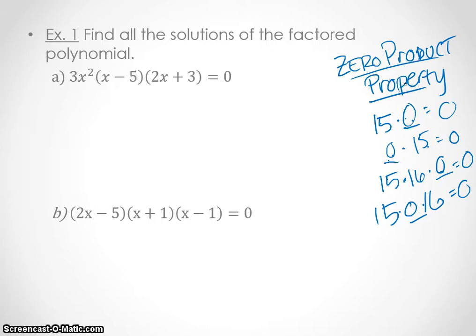What that means for us is actually a very strong property to have, because if you factor something out, like for instance, 3x squared times the quantity x minus 5 times the quantity 2x plus 3, this is already in factored form. And you actually want to leave it that way.